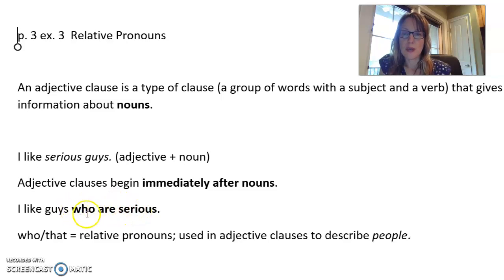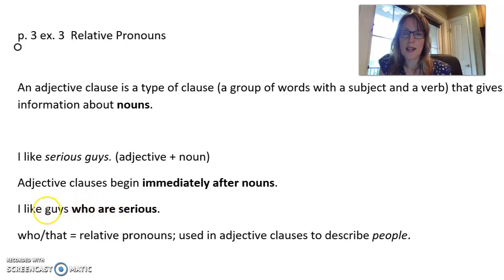Here is where your adjective clause begins, and that's your relative pronoun. That's considered the subject of the clause, and this word, are, is the verb of the clause. Remember, an adjective clause has a subject and a verb.